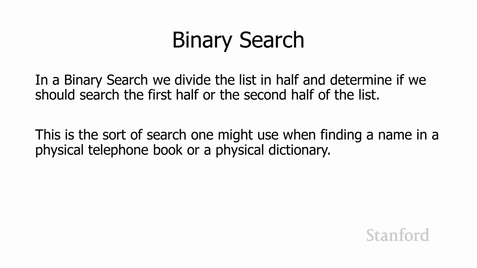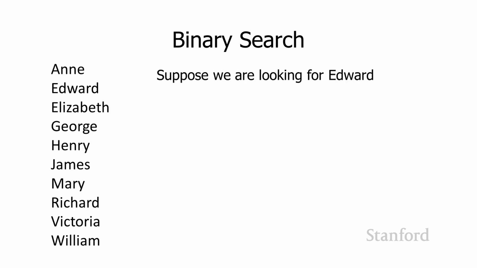Is it in the first quarter or the second quarter? Oh, it's in the first quarter. I'm going to split that in half and look at an eighth versus an eighth and so on. This is the same way you would also look for a word in a dictionary if you actually had a physical dictionary. So let's look at how this might work for our monarchs of England.